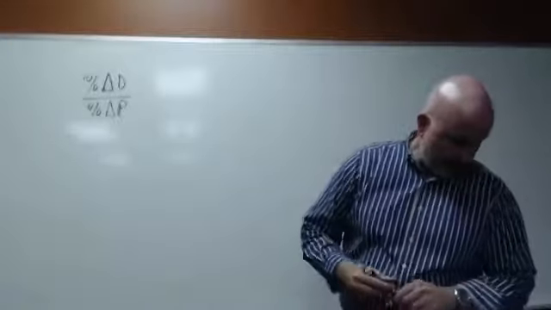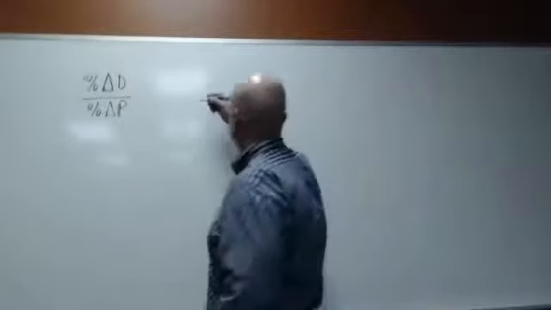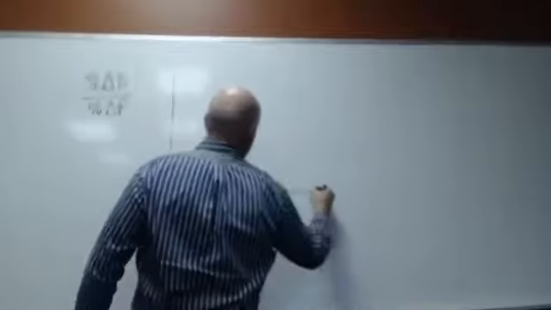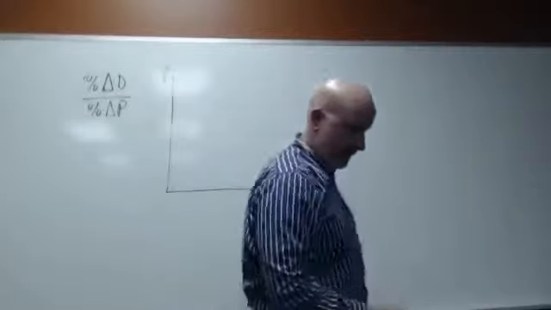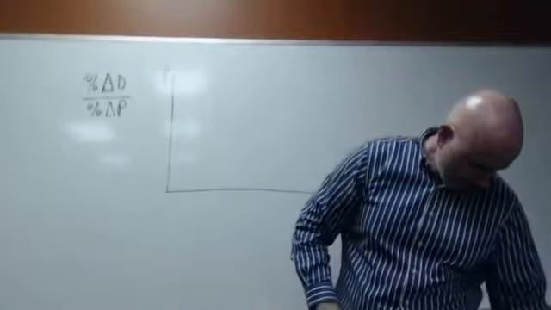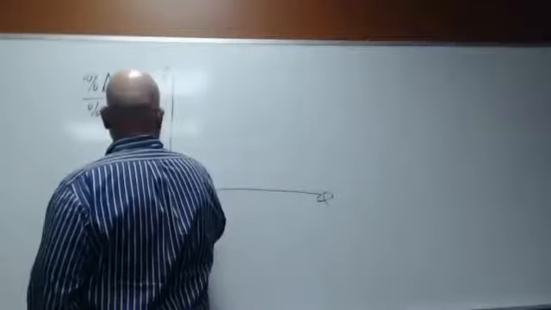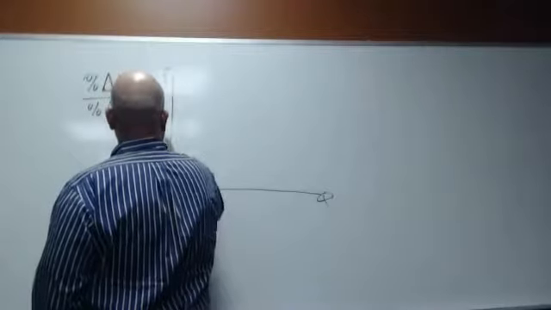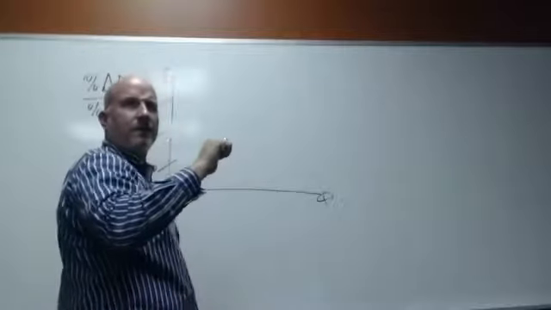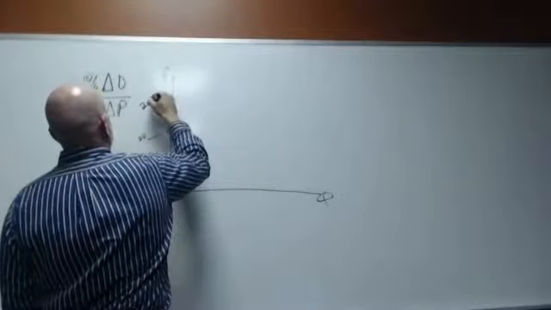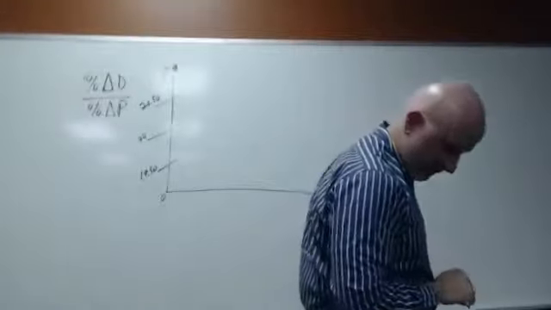And let's look at figure 4.1. What are we solving for here? The price elasticity of demand for what? Pizza, and quantity demanded, 10, 11.